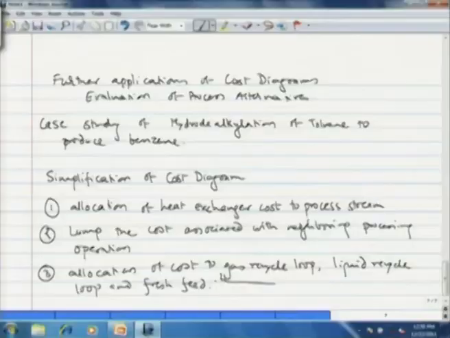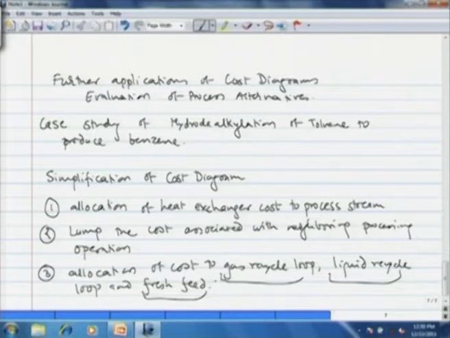So all the 5 components of this hydrodealkylation process, benzene, toluene, diphenyl, hydrogen and methane, are grouped together in 3 parts. First is gas recycle loop, liquid recycle loop and fresh feed.